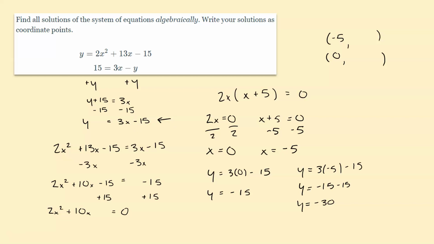Versus if I plugged it into x here, I would have to do a little bit of algebra again to get y by itself. But I've already done that, so no need to do that again. So I think it's better to just plug it in here. And when I plugged in 0, I got y equals -15. And when I plugged in -5, I got y equals -30. So these are your answers.